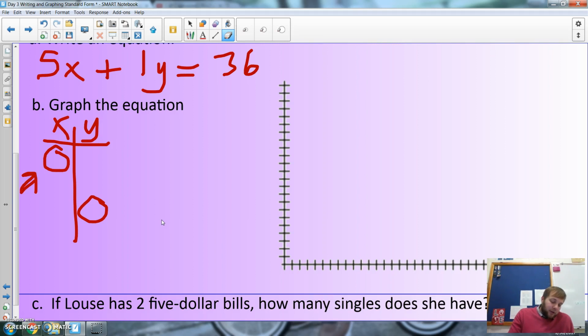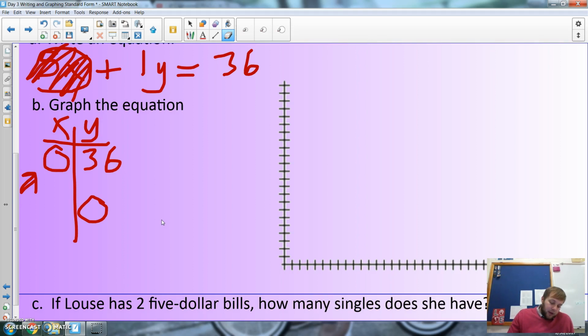So let's take this one up here first. If x is 0, meaning there were none of those, how many y's would we have to have? Well, how many y's would we have to have $36? 36, right? Okay.